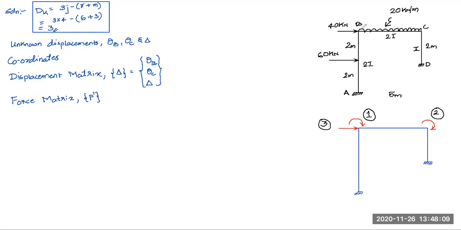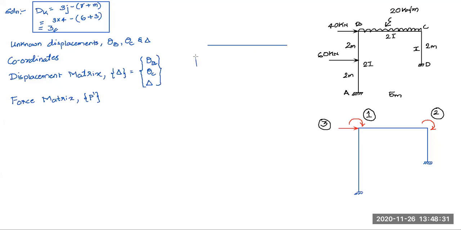That means I'll make the two joints B and C fixed, because the displacements are taking place at joint B and joint C. So I'll just fix them. I'll assign a fixed support for joint B. Now this BC member will be a fixed beam.